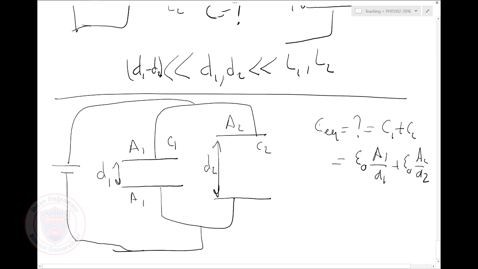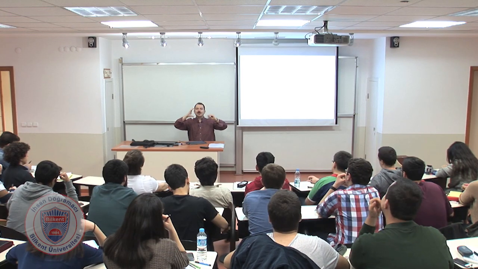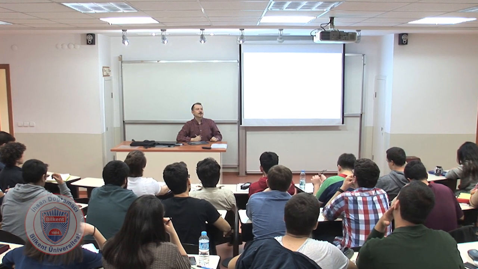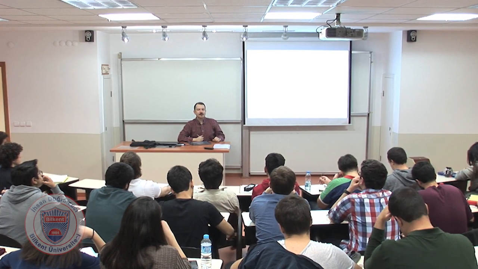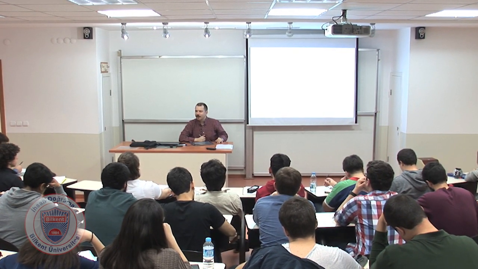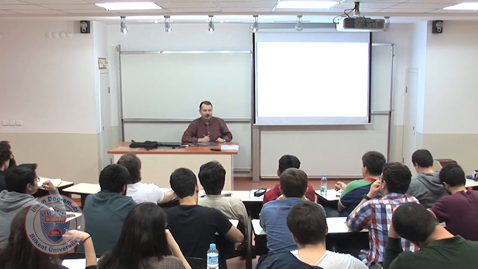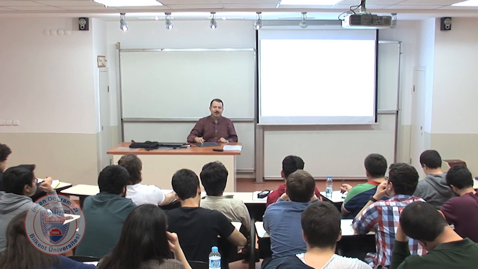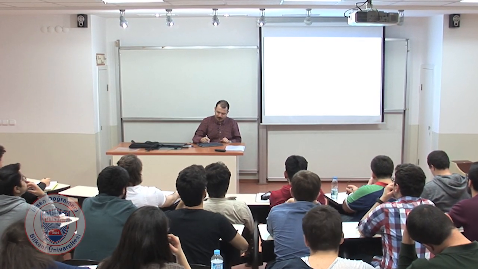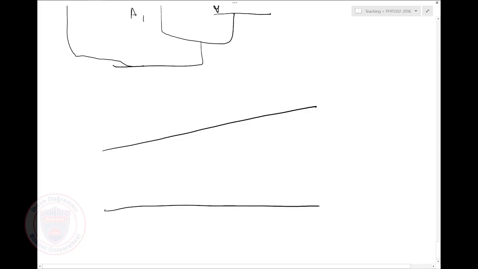Right? What if I had 3 capacitors of different distance? They'll still be connected in parallel. I can actually calculate the capacitance of each one of them and sum. So my idea will be to do that. So here is my unaligned capacitor. I will say this is actually made up of small capacitors.